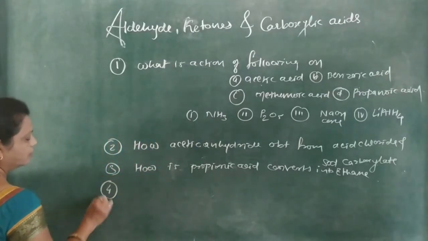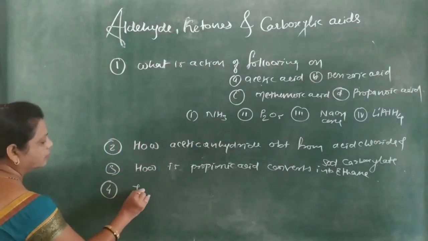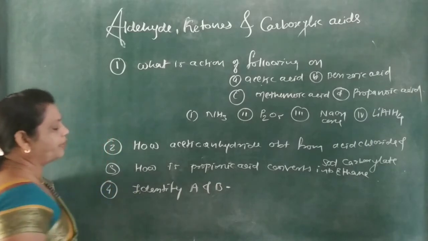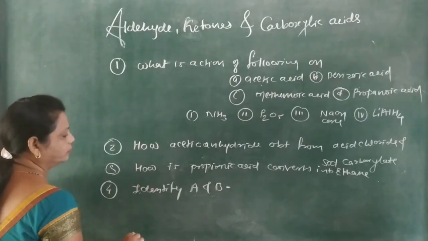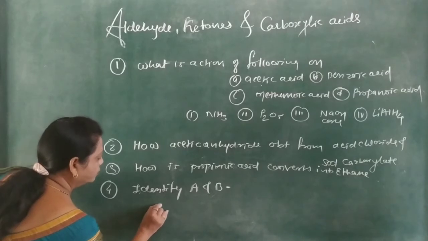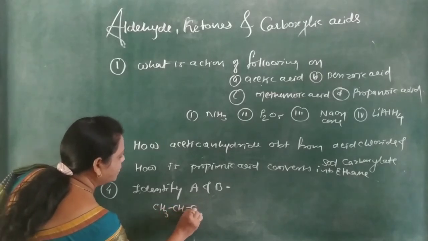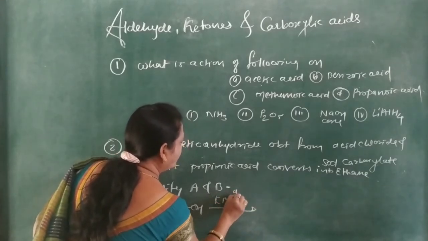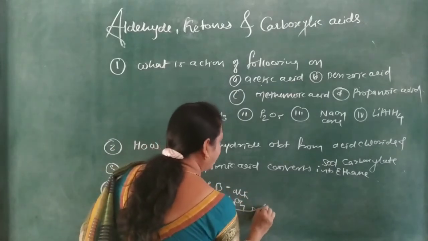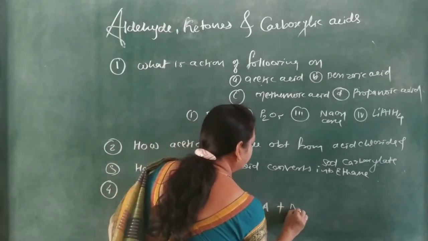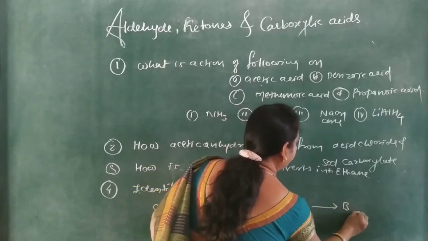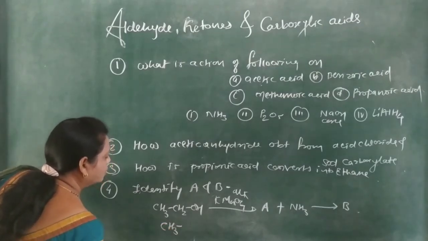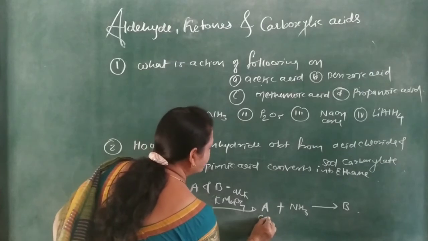And fourth one, identify A and B in the following reactions. CH3CH2OH on reaction with alkaline KMnO4 gives A, and A with ammonia gives B. Here A is a carboxylic acid.